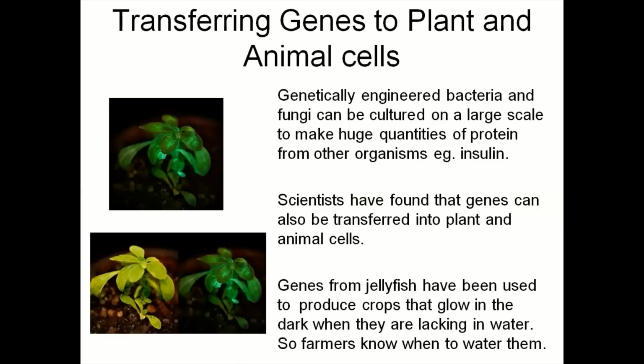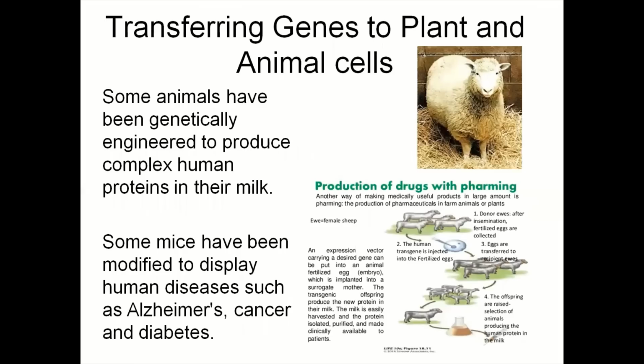Genes from jellyfish have been used to produce crops that glow in the dark when they are lacking in water, so farmers know when to water them. Some animals have been genetically engineered to produce complex human proteins in their milk. Some mice have been modified to display human diseases such as Alzheimer's, cancer, and diabetes.